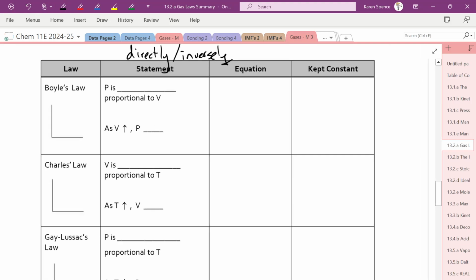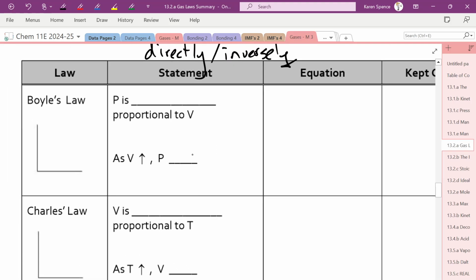And what I want you to do is, rather than looking back through your notes, I want you to think, if I increase, what happens to P? And that'll tell you whether it's directly or inversely proportional. So think it through. If I increase the volume, what's going to happen to my pressure?